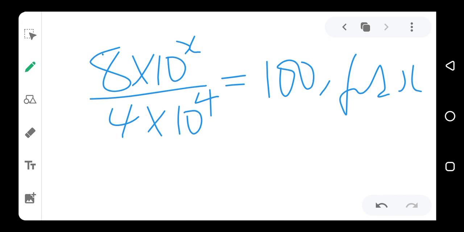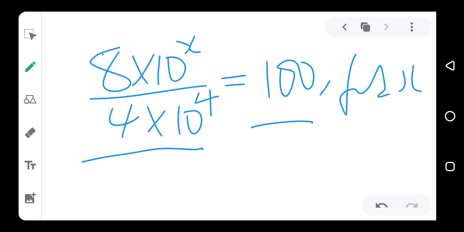Find x. Now to solve this, our major goal is to make sure that we have the same base for all of them. We have the same base here and here. Once we have the same base on both sides, then we can equate their powers.